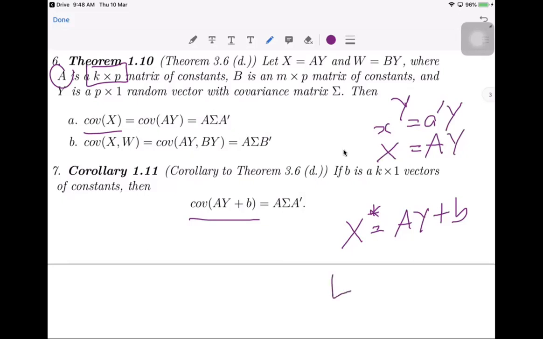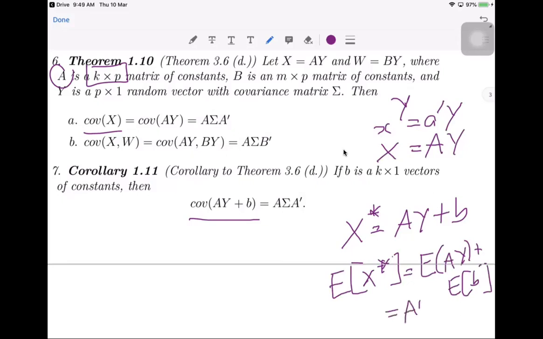Of course, the expectation of x star, following from the linearity of expectation, will be equal to the expectation of A y plus the expectation of b, which is equal to A times the expectation of y plus the expectation of b, which is just a constant, b. And if the expectation of y is mu, so A mu plus b. That's the expectation. In terms of covariance, this is equal to A sigma A prime.